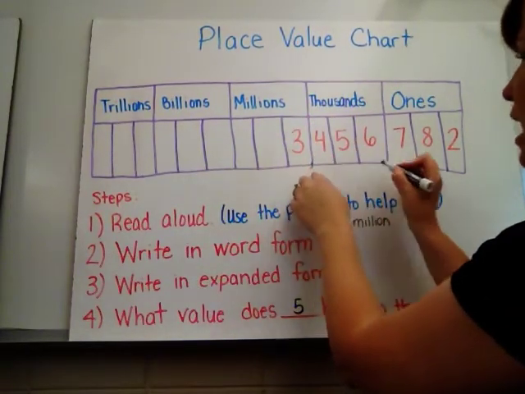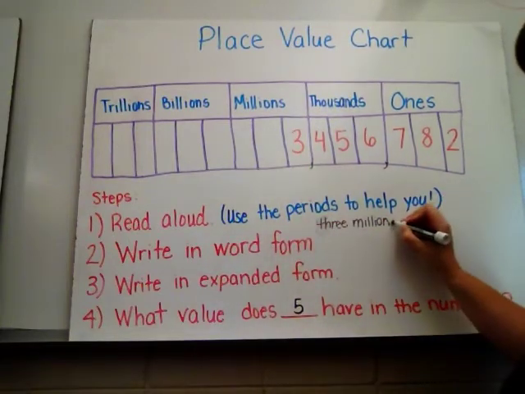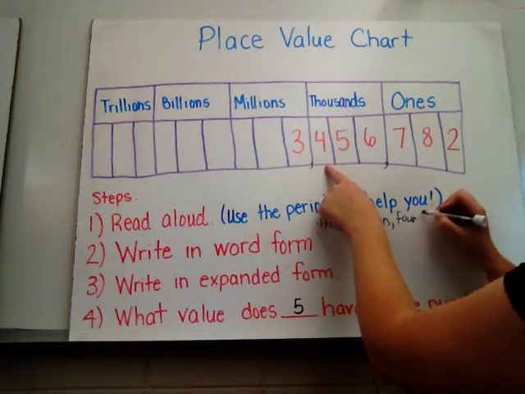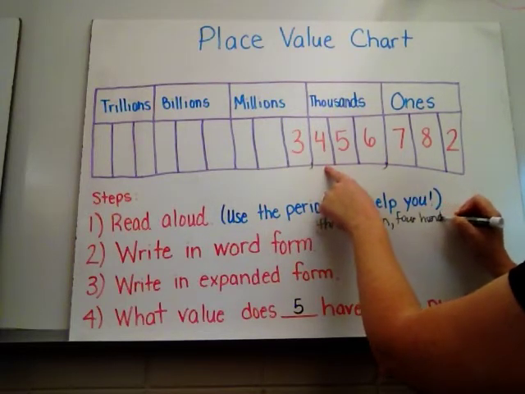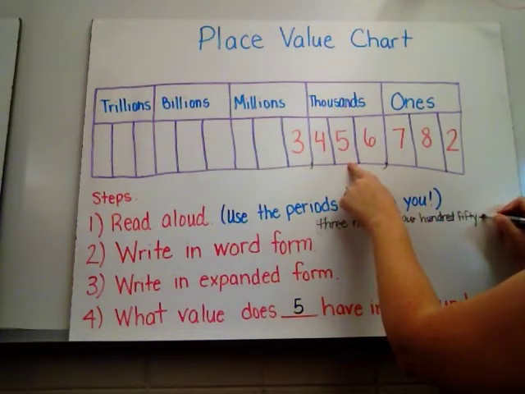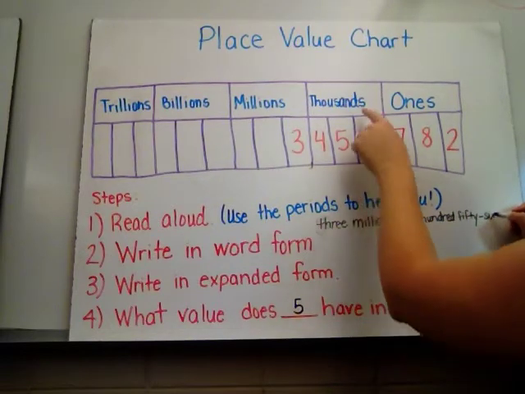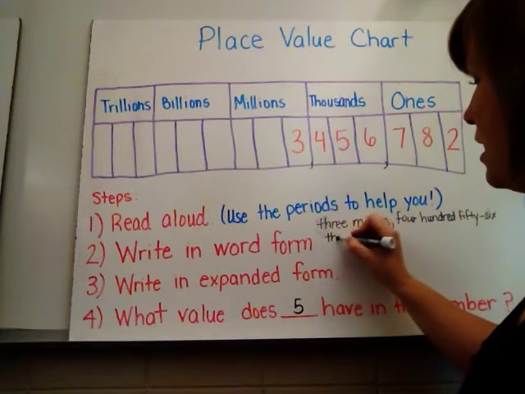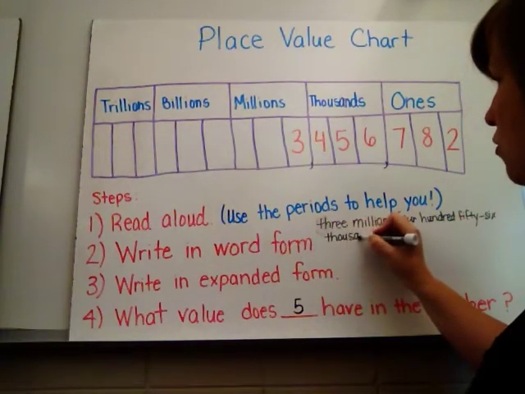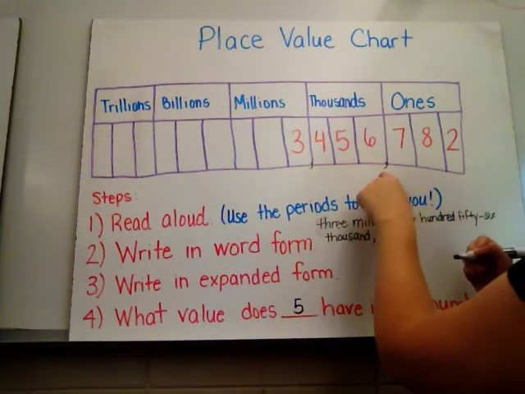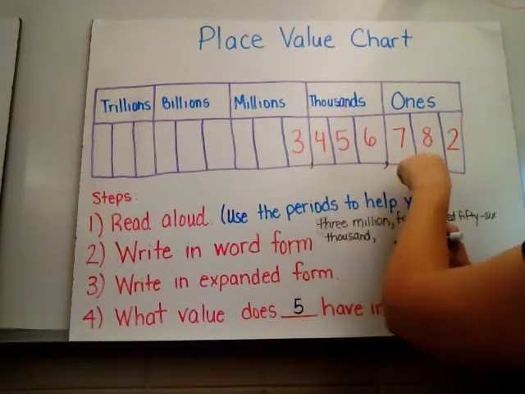So imagine that there's a comma at the end of each period here. 3 million, comma, 456, and our period is thousand. 456 thousand. Don't forget our comma at the end of our period, at the end of our section, 782.